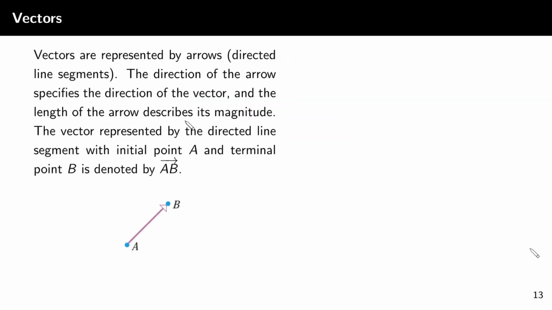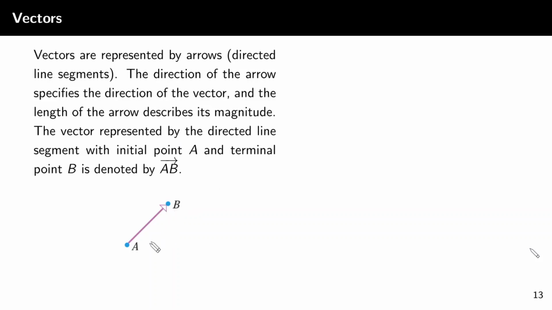So how do we represent vectors? Okay. So we represent vectors by arrows. Okay. Sometimes we'll call them directed line segments. So they are line segments with an arrowhead at one end. So the direction of the arrow specifies the direction of the vector. So for example, itong vector from A to B, ito yung direction niya. The length of the arrow describes its magnitude.